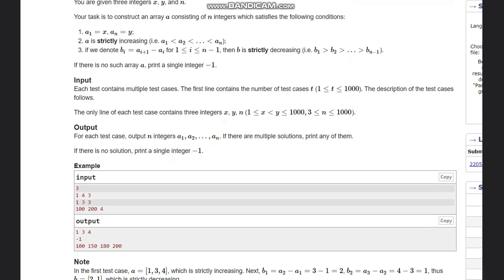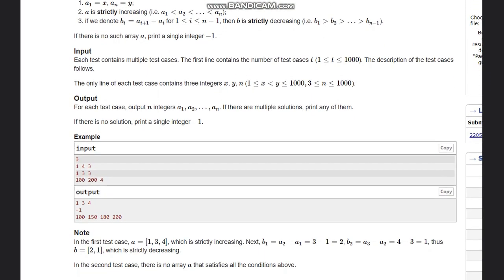So going to the test cases, let's see. The first test case is 1, 4, 3. The format of the test cases is x, y, n. So x is 1, y is 4 and n is 3.